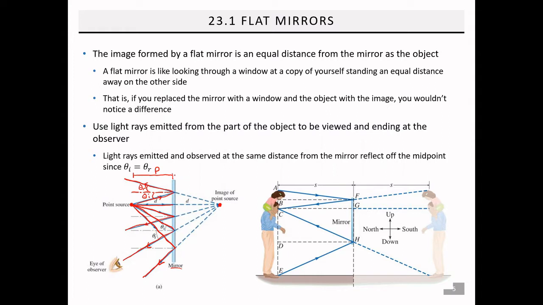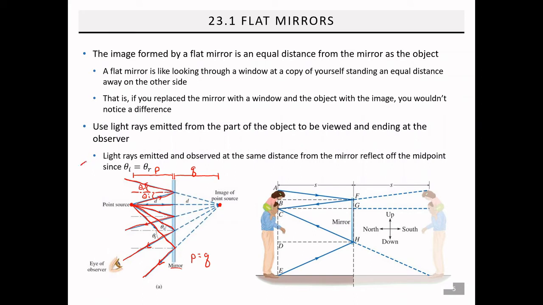The image distance is the distance from the mirror to the actual image. Oh, we'll use Q for that. In the case of a flat mirror, it's always true that P is equal to Q. That means the image formed by a flat mirror is an equal distance behind the mirror as the object is in front of the mirror.